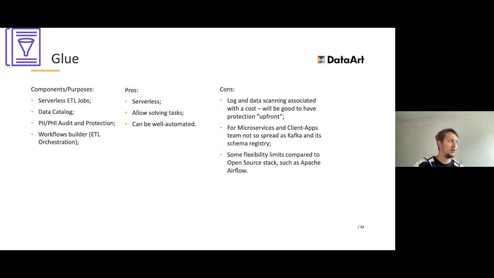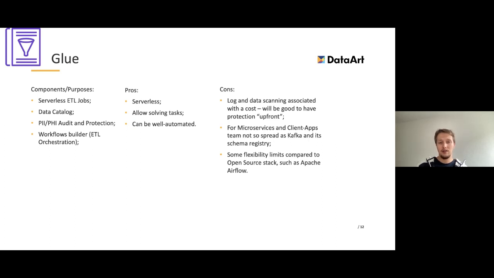Another resource important to healthcare is Glue. Basically, it's a very common resource in the data world with AWS, not only in healthcare services. It provides ETL jobs, a data catalog, PI, PHI audit, and ETL orchestration. When we're talking about a HIPAA-compliant healthcare project, of course, the most interesting things for us are the data catalog and PI, PHI audit.